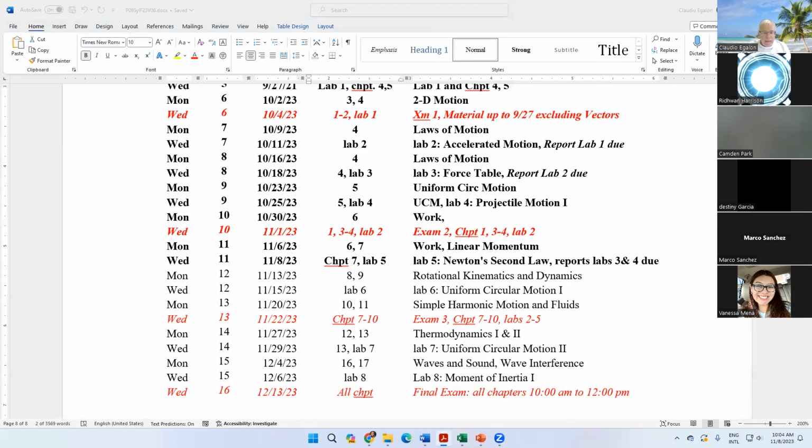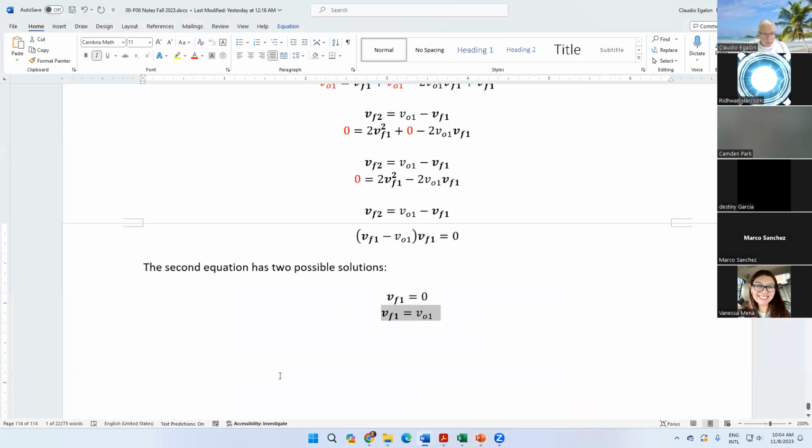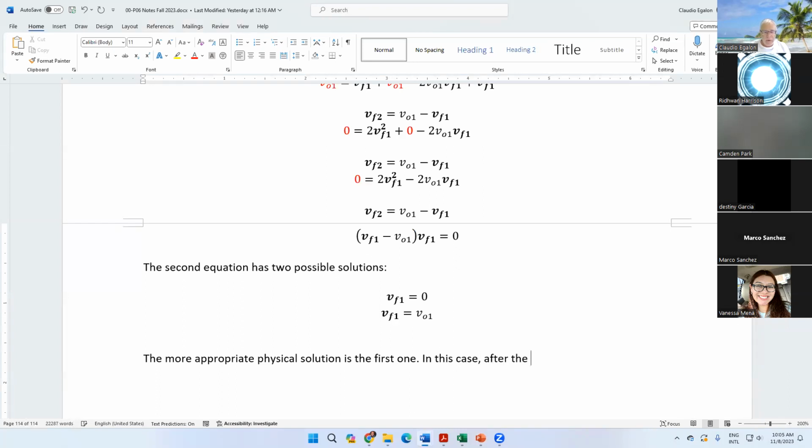Okay? So the correct, the more appropriate physical solution is the first one. In this case, after the collision, the first mass comes to rest. And the second mass, right? So here you go. Here's my system of equations again, right?